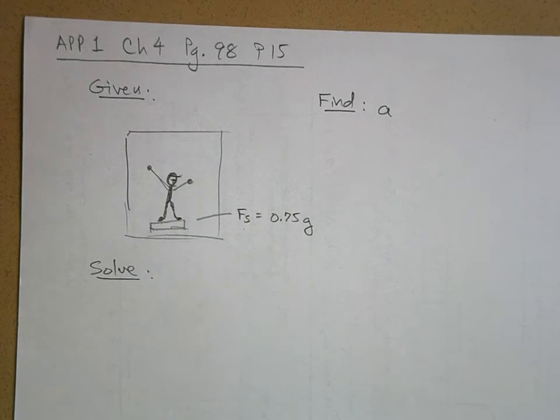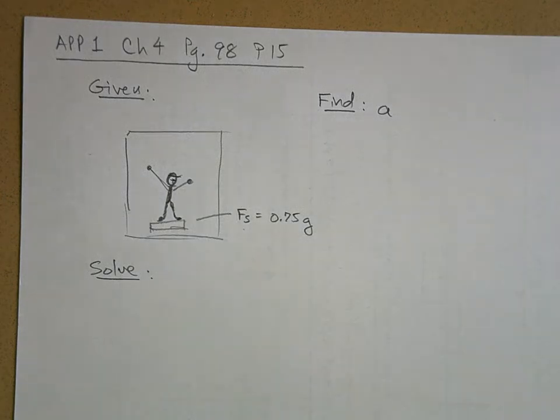So what's going on? Well, when you push your arms down, you're accelerating the mass of your arms down, and so you're going to read lighter. Then when you have to stop your arms at the bottom, you have to apply a force up on your arms, distributed through your body into your feet, into the bathroom scale, and you're going to read a little bit heavier than your weight.